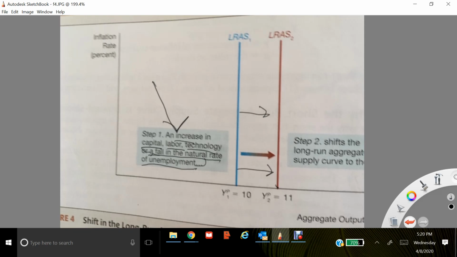So, we haven't talked about that yet. And there's an appendix to this chapter.